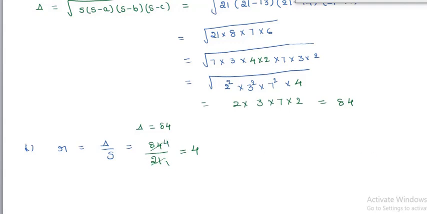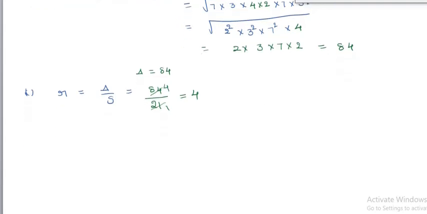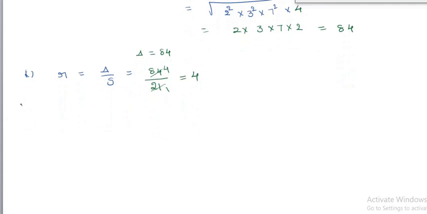The second problem, R1 is equal to delta by s minus a. So delta value 84, s value 21 minus 13, 84 by 8. So 4 twos are 8, 4 ones are 4, 4 twos are 8, 21 by 2.